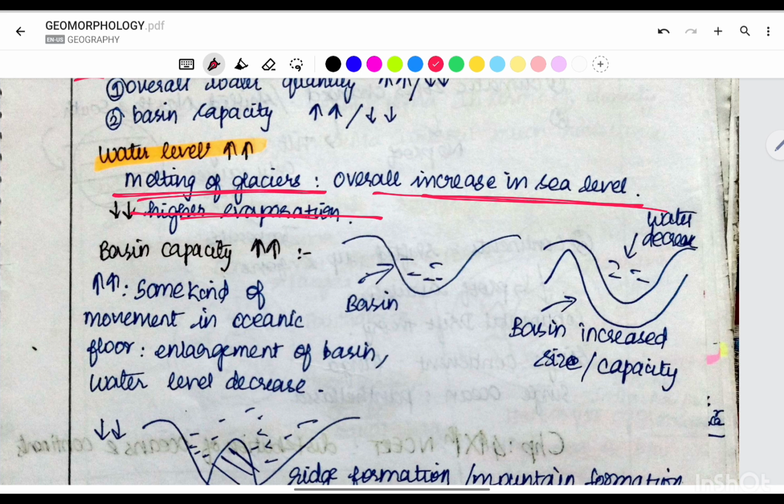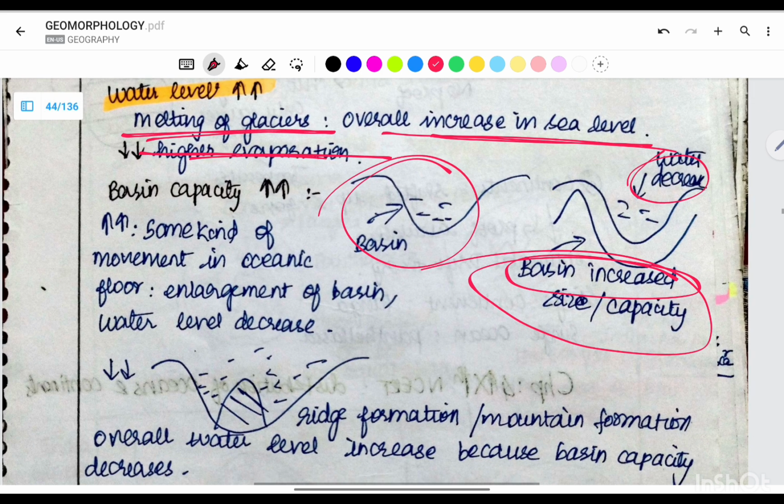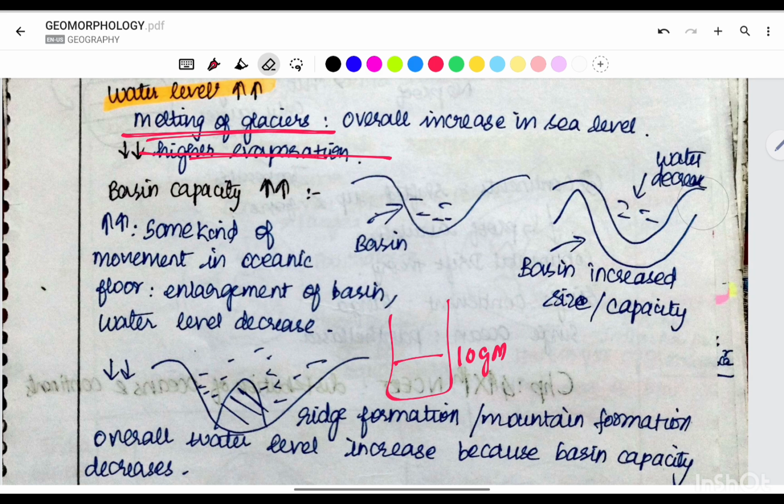This is a basin, right? If the water is decreased, the basin capacity or size is being increased. See, there is a cup and this is 10 gram of water. The same cup, somehow its capacity is being increased, but this is still the 10 gram of water.